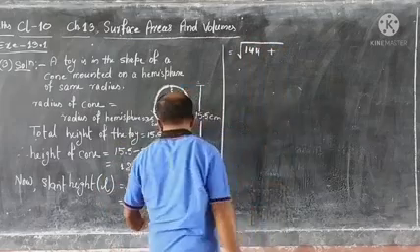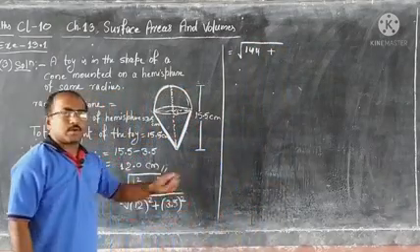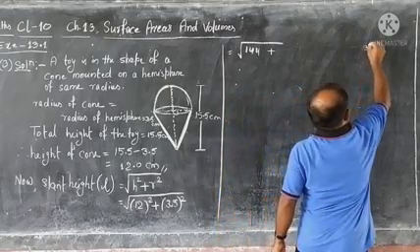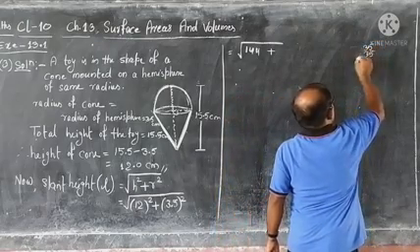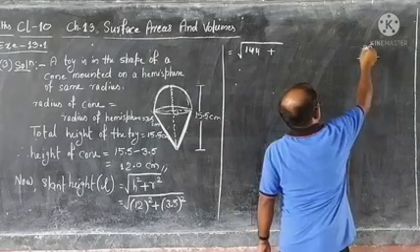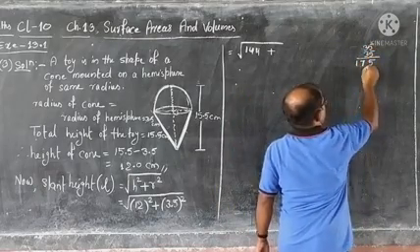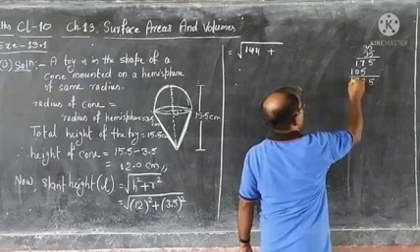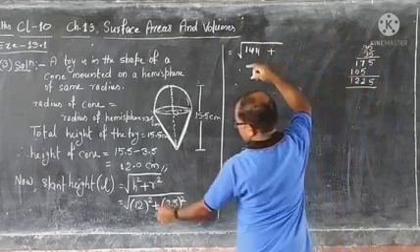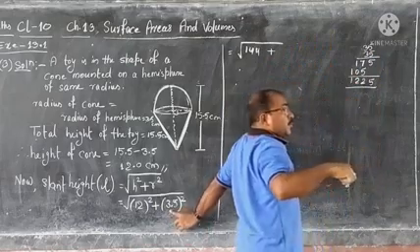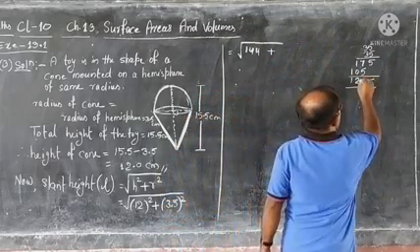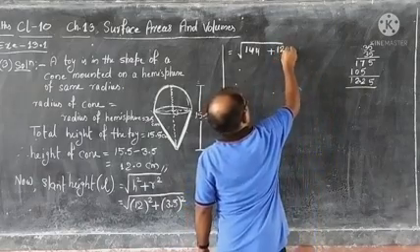Many of us will know 3.5 square, but sometimes it does not remain in our mind. We will calculate 35 into 35, which is 1225. After two decimal digits we put the point, so 3.5 into 3.5 is 12.25.